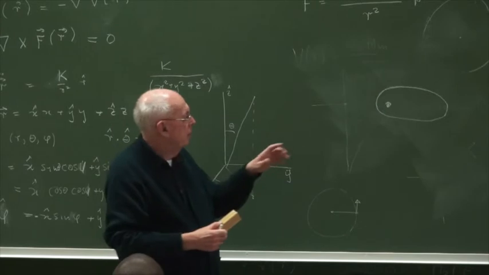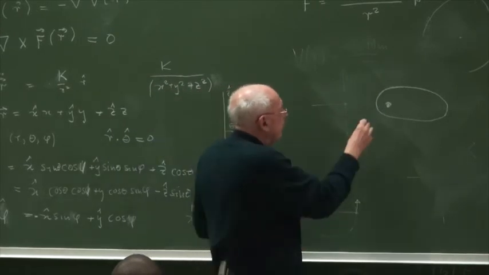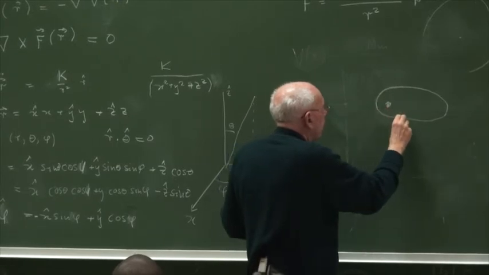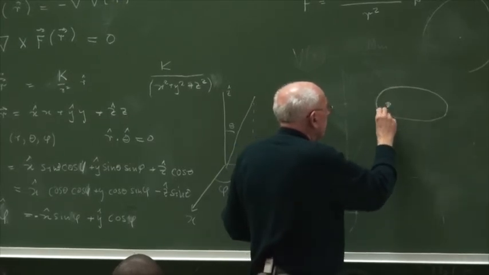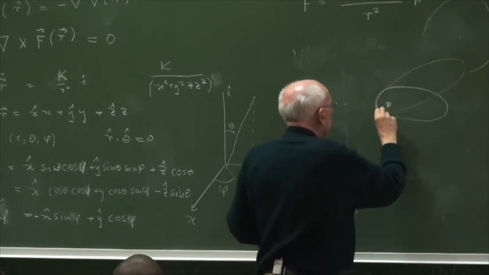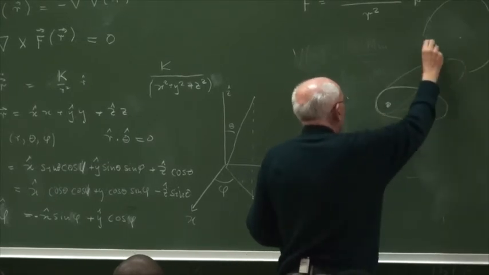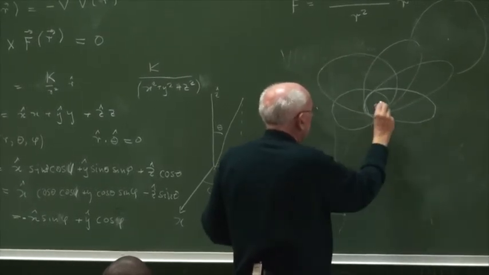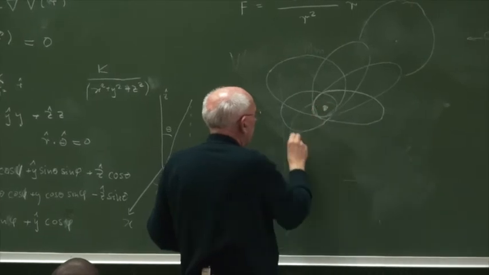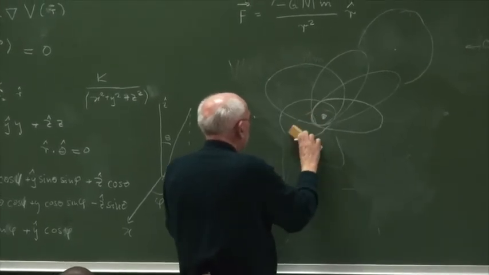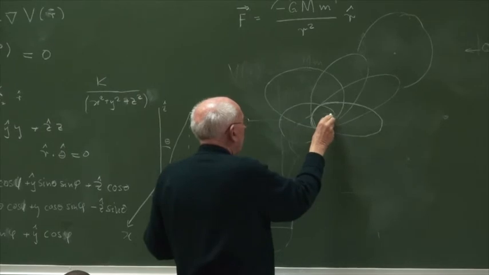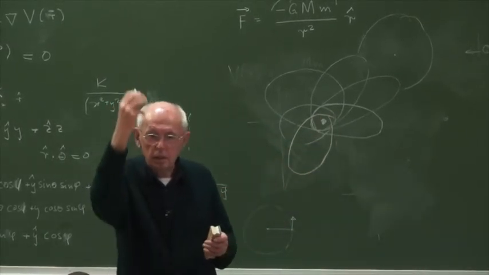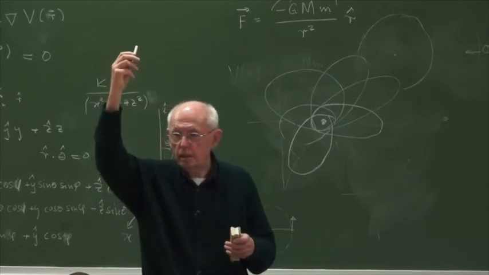But there's nothing that stops the planet, one would think, once it comes round, from next time going this way, and the next time going this way, and the next time going this way, and so on. It always ellipses around this point, but the ellipses are in different directions. They still all show in the same direction.